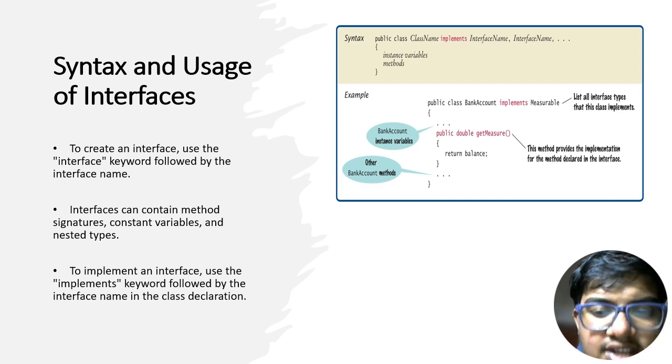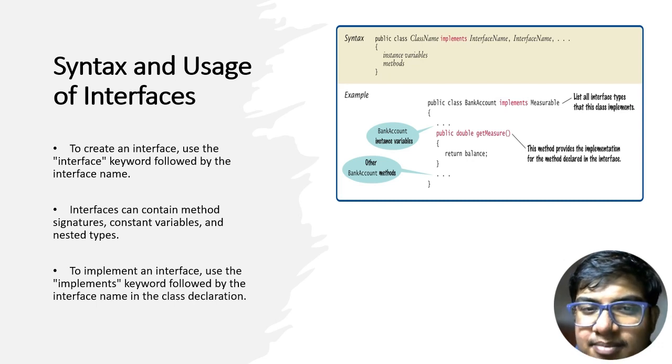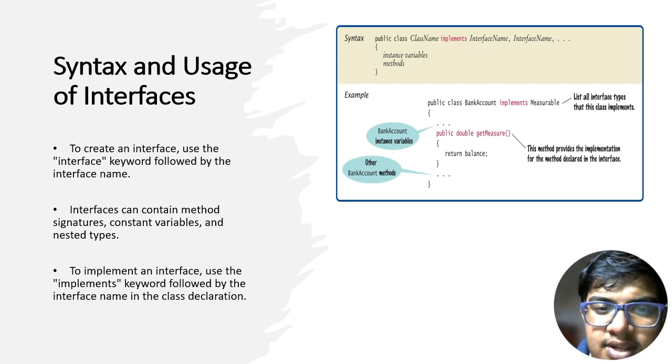You can see here in the picture, the syntax is public class name implements interface name. So we use that and you define it. And you can see the example over there, that is public class BankAccount implements Measurable, and you use it. So let's move on.